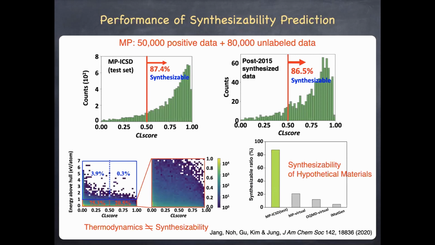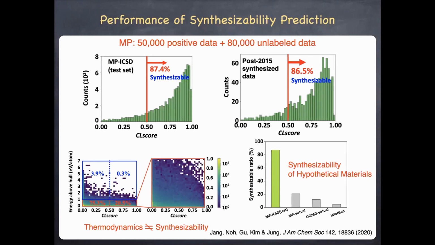And so the performance is on the left top corner. You see that the model predicts about 87% of the time the synthesizable materials as synthesizable. So the accuracy is about 87%.